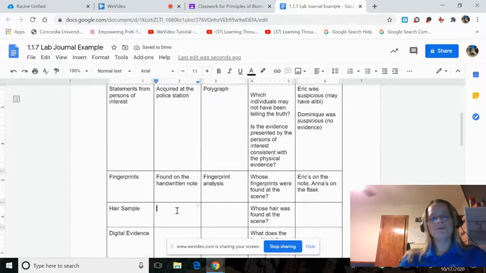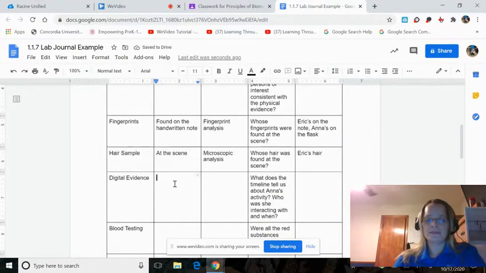The hair sample we found at the scene. And remember, we looked at the microscopic analysis of the hair sample. And we concluded that it was Eric's hair on Ana's shirt.